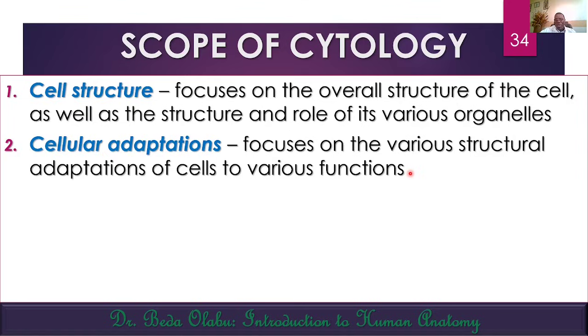I would not expect a cell that transports substances in my intestines to be similar to a cell that transmits signals in my brain, in as much as all of them will have a cell membrane, a cytoplasm, and a nucleus. So with that background, in this chapter on cell adaptations, we look at the structural adaptations that different cells have to enable them to perform those different functions.